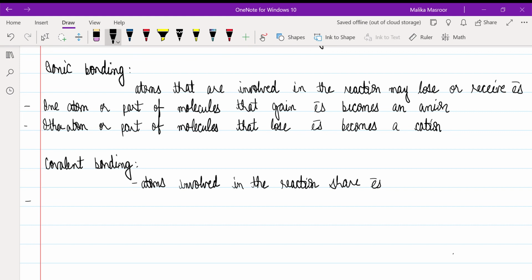But in this usually the molecules are neutral, and we're going to see that now. But this bond is very strong, and the molecules formed are usually neutral.